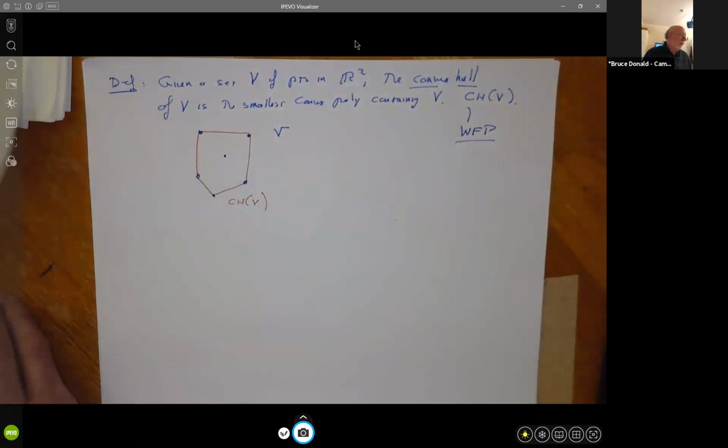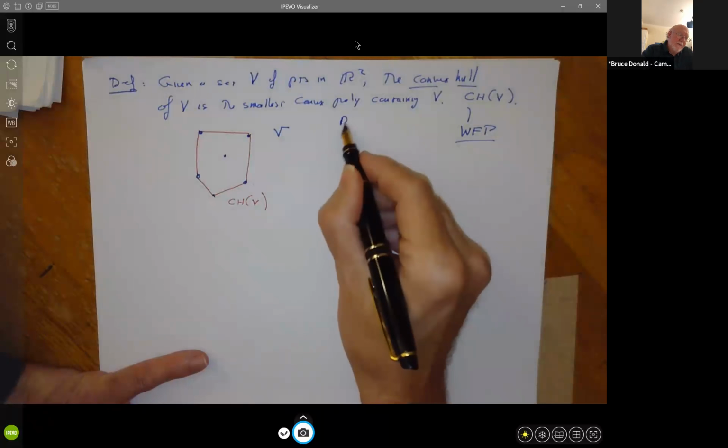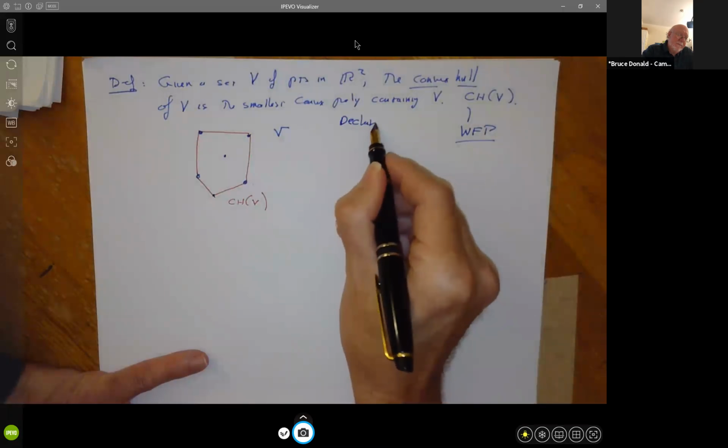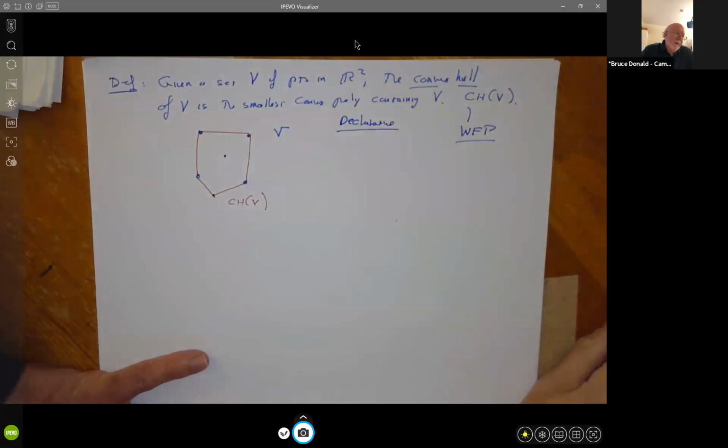Okay. Now, let's talk about how you might compute such a thing. Obviously, this is a declarative definition. This is mathematics, right? And you could imagine doing something like enumerating all possible polygons with rational coordinates and picking the smallest one, and having streams and things.